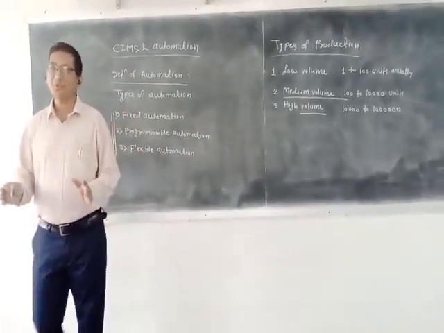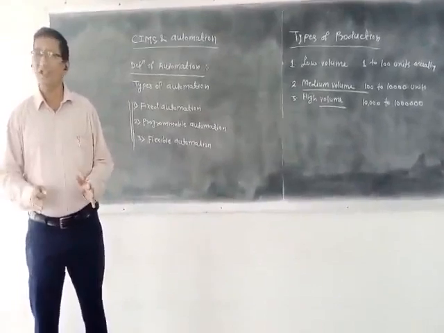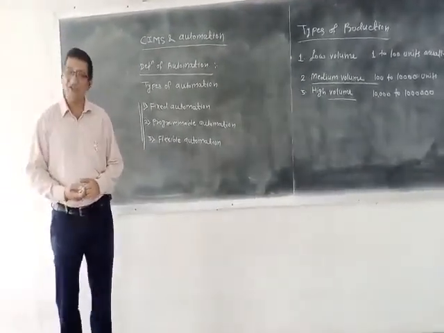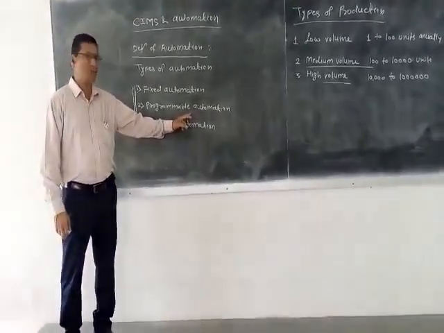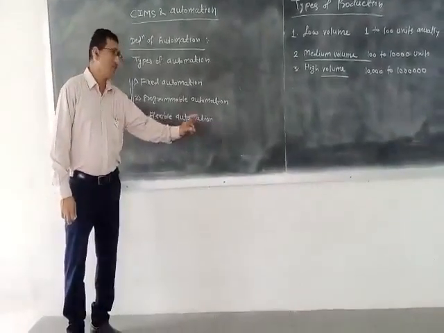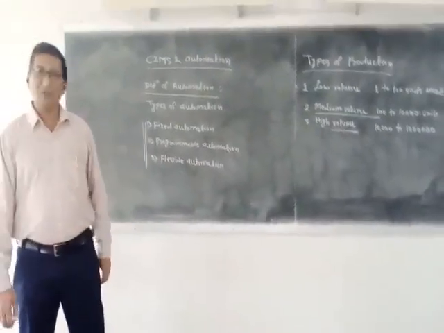Wherein you know that you can alter or change the program, and the machine will be operated as per the changed program or changed instruction. That is programmable automation. And the third distinct type we have mentioned over here is flexible automation. Now it is the extension of programmable automation.